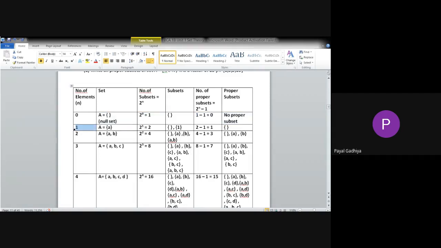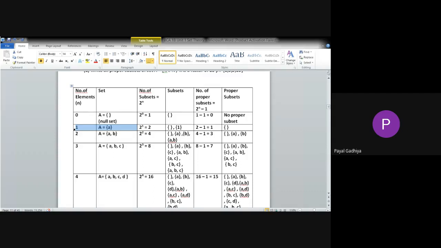Then the next is number of elements 1. When one element is there, they have taken the example of A equals singleton {a}. So this is a singleton set. Now this set has only one element, and the number of subsets will be 2 raised to n, so 2 raised to 1, which is 2.